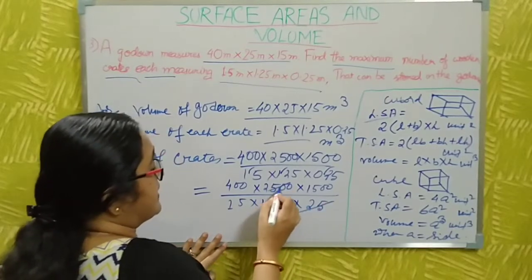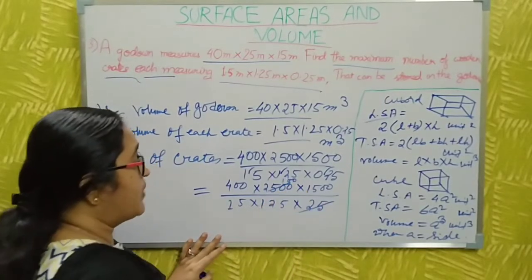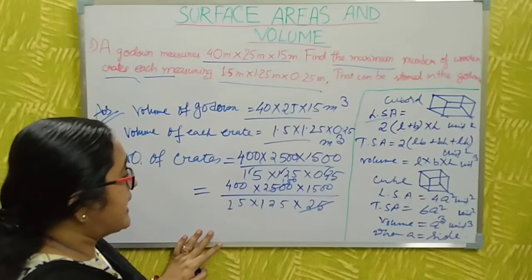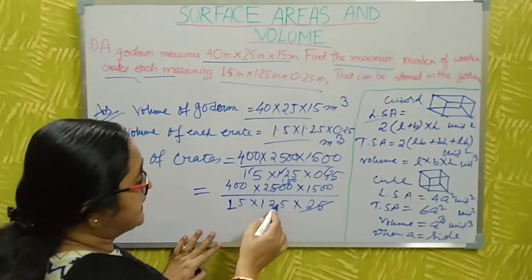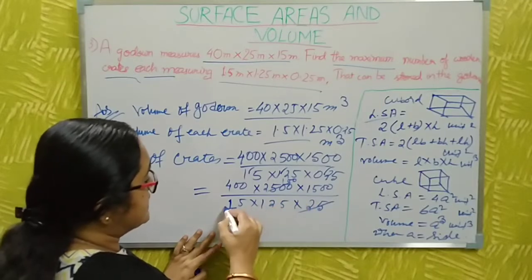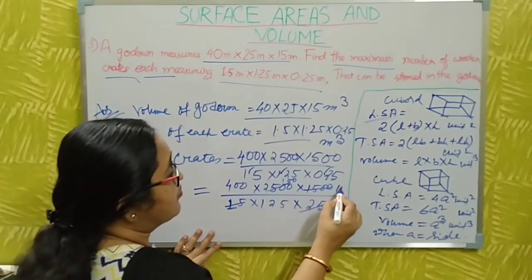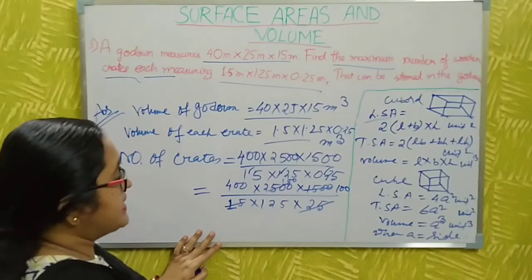Cut 25 here and here, 100, and then cut 15 here and 100 here.